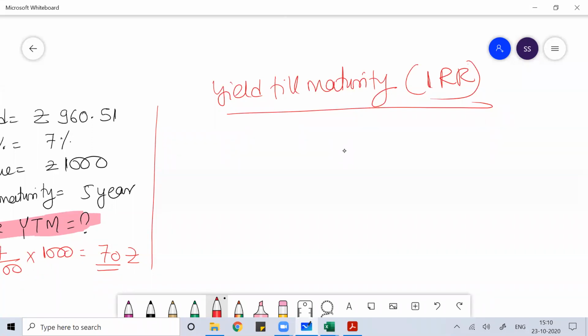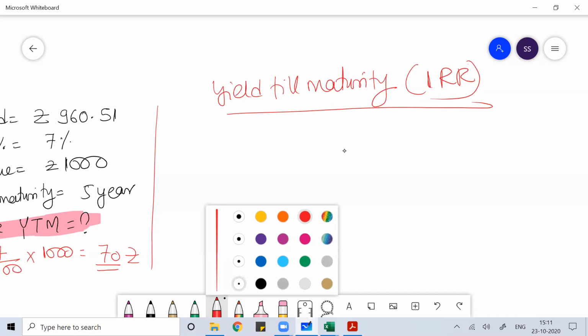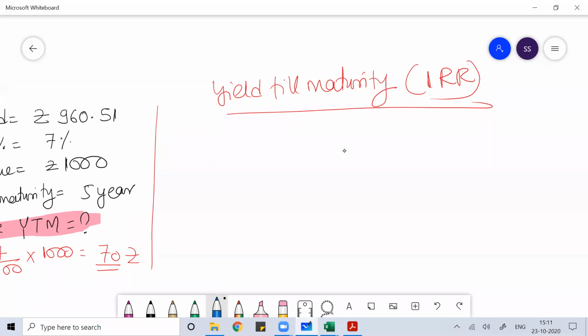If you hold the bond till its maturity, then whatever coupons you are receiving, if you reinvest those coupons at a certain fixed interest rate, that fixed interest rate gives you a realized value in the future. The rate at which you reinvest the coupons you are getting is basically called YTM, yield till maturity.